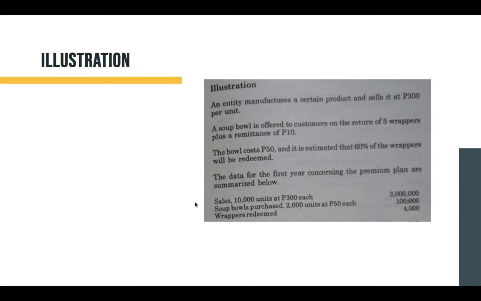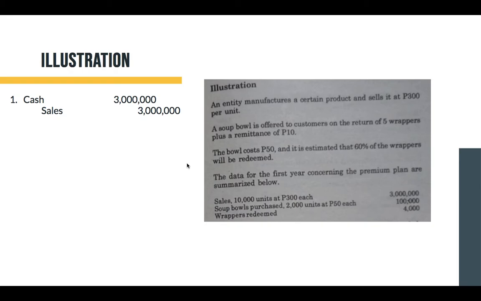What's our first entry? Our first entry is at the time of sales. So at the time of sales, recognize the sale. This is given: 10,000 units at 300 each, so 3 million. So we debit cash for the sales or accounts receivable if it's not paid. Then credit sales, 3 million.